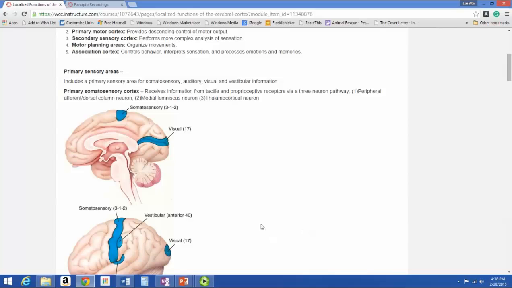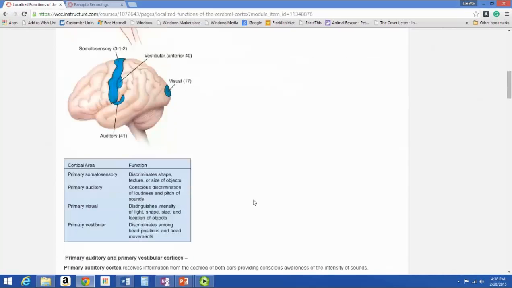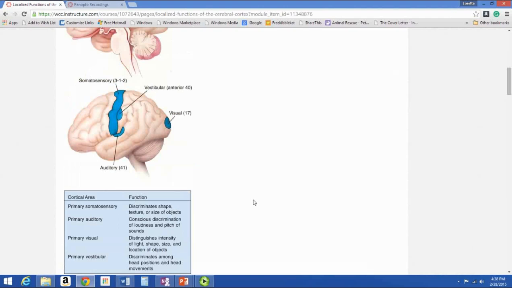That's where the information goes in the cortex when we get that sensory information in. The primary somatosensory cortex discriminates the shape, texture, and size of objects. It says that's round, it's smooth, and it's small, if we're talking about a ping pong ball, maybe.